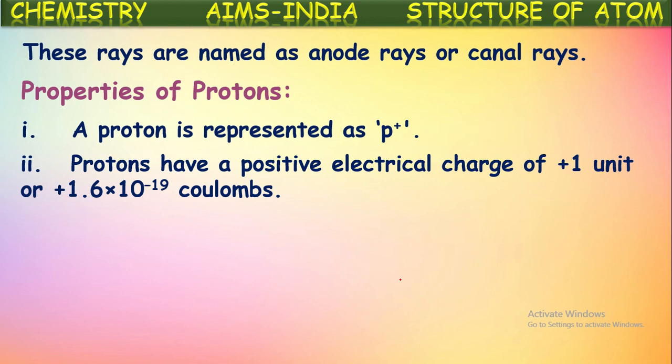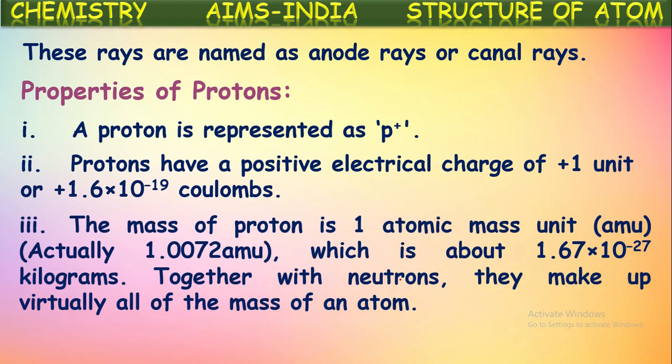That is why in an atom we say there are equal numbers of protons and electrons, and hence atoms are electrically neutral, because the positive charge of protons is counterbalanced by the negative charge of electrons, which are in equal quantity. The mass of a proton is one atomic mass unit, which we simply say as 1 AMU.